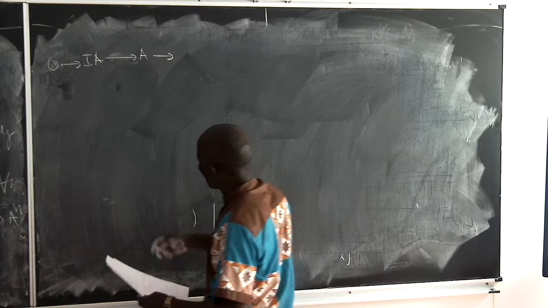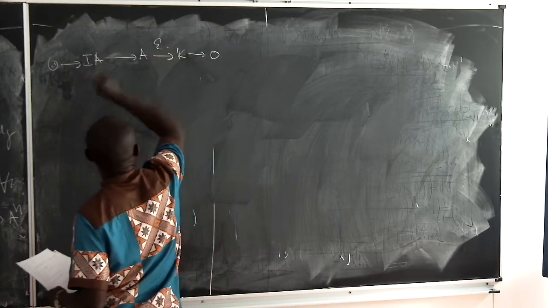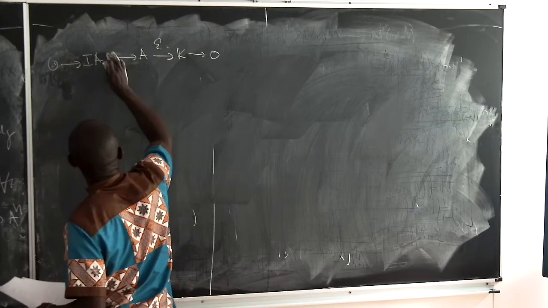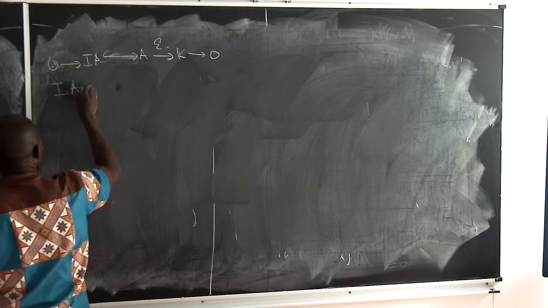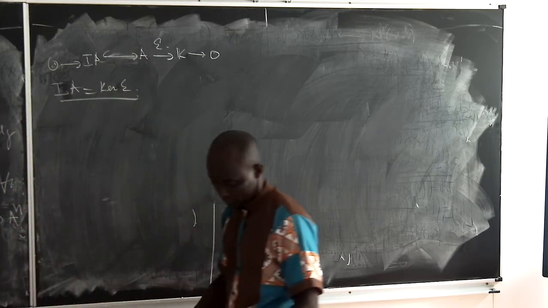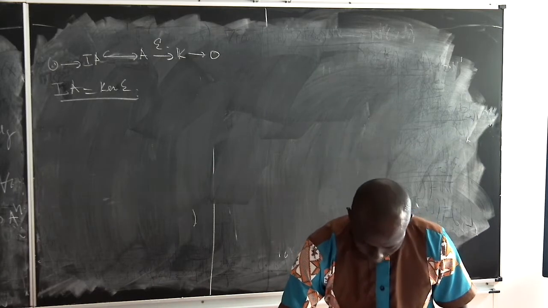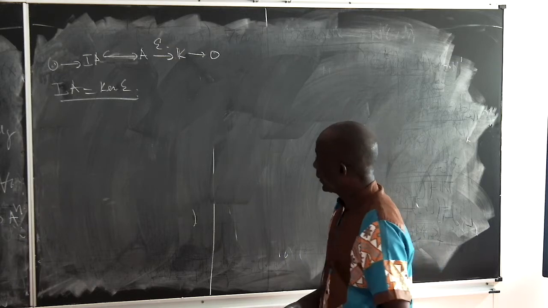Here I have the augmentation, and here we have the inclusion, where I is equal to the kernel of epsilon.